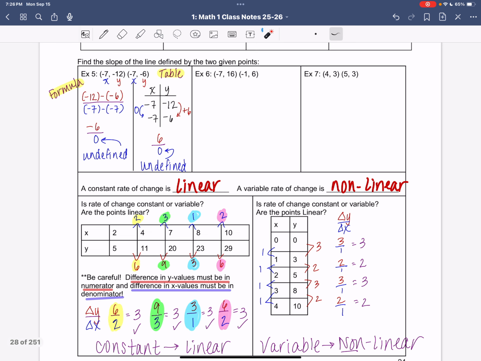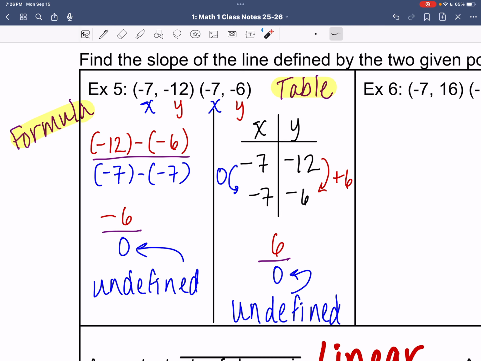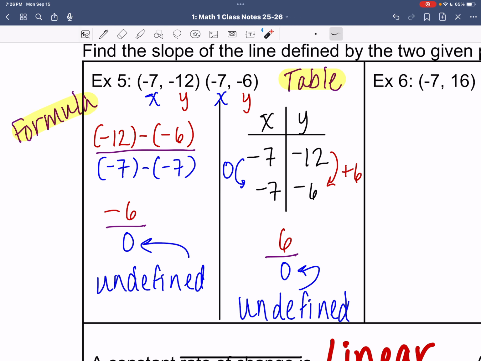All right, now we're going to find the slope given 2 points. There are different ways to do this. It's whichever way you feel comfortable with, but one way is to use the formula. So remember, your formula is y sub 2 minus y sub 1 over x sub 2 minus x sub 1.